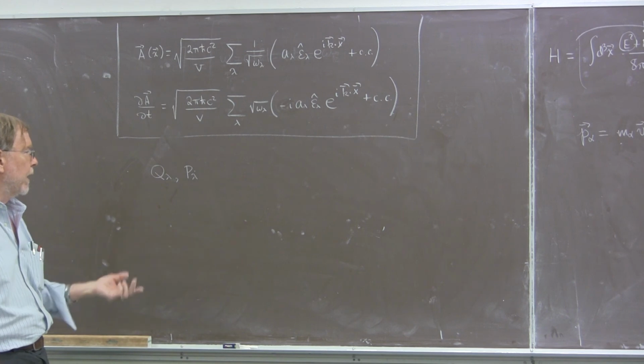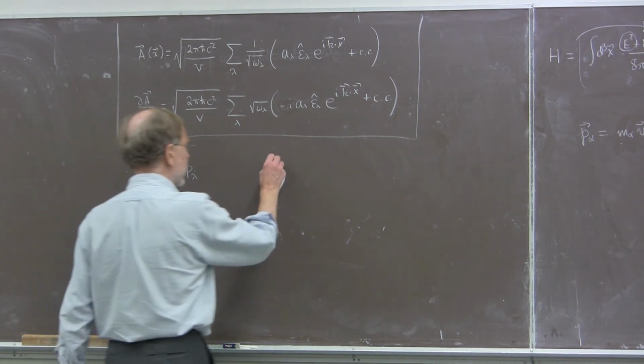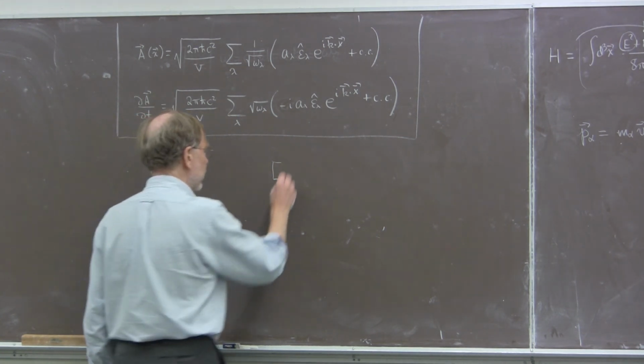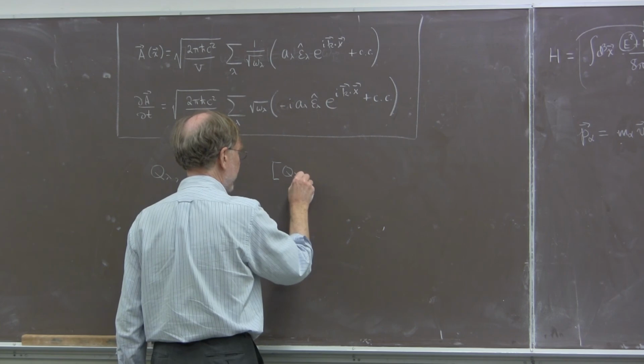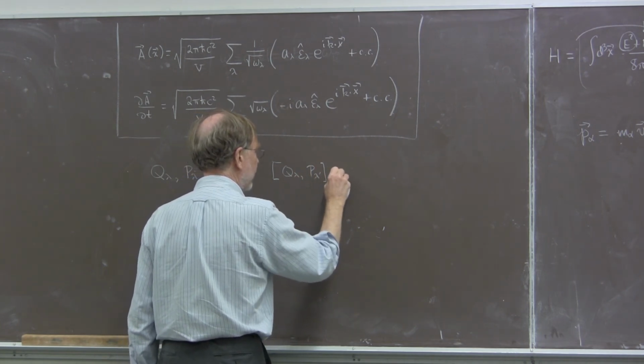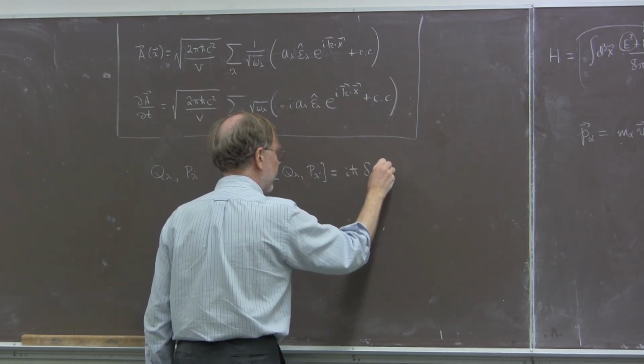So just waving our hands to reinterpret the symbols as operators, we require that these operators satisfy what we call the Heisenberg-Born commutation relations: the commutator of Q lambda with P lambda prime is equal to i h bar delta lambda lambda prime.